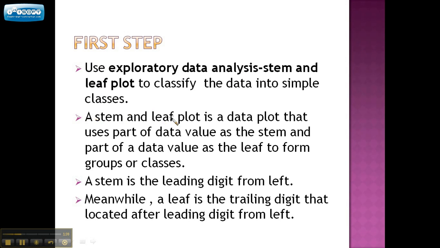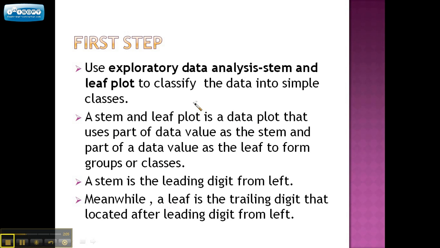The stem and leaf plot is a data plot that uses part of the data value as the stem and part of the data value as the leaf to form groups of classes. You can see that the stem is the leading digit from the left, the first digit. Meanwhile, a leaf is the trailing digit located after the leading digit from the left.